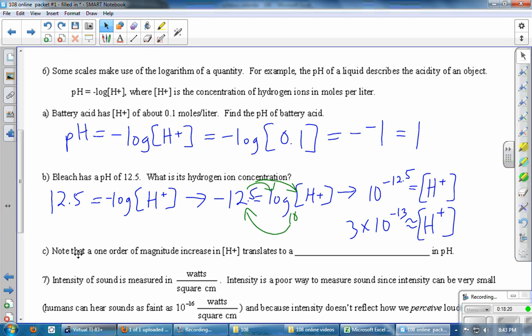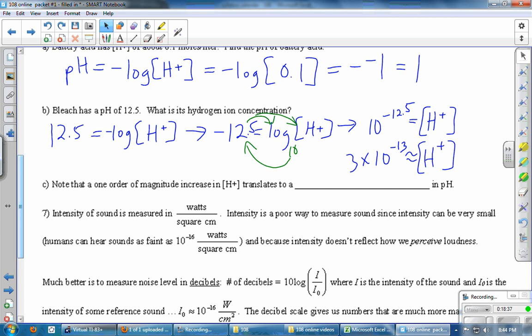Okay, part C. Note that a 1 order of magnitude increase in H plus translates to a blank in pH. Okay, let's think about this. We're increasing the order of magnitude in H plus. So you've got some H plus already in the bag, and we're going to increase the order of magnitude by 1.